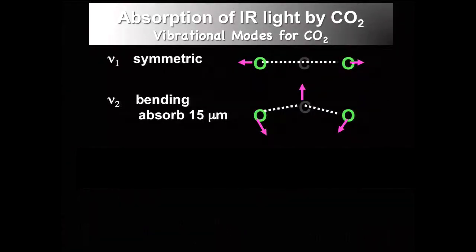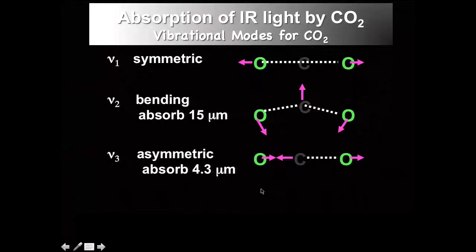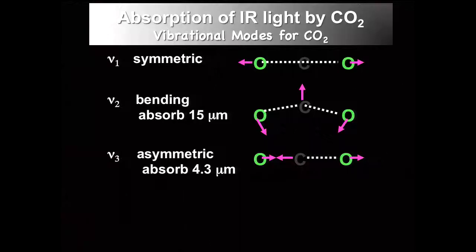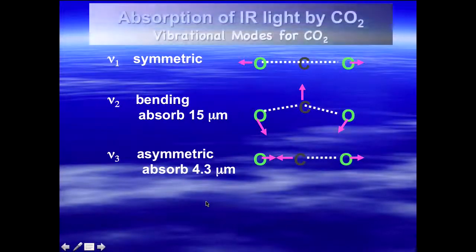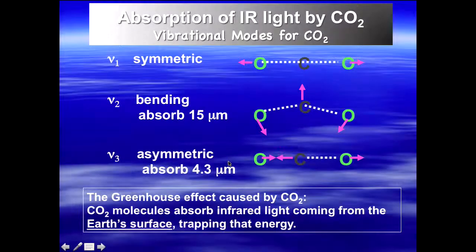That bending mode allows carbon dioxide molecules to absorb infrared light at different energies, i.e. different wavelengths of infrared light. A diversity of infrared light can be absorbed. And finally, there's yet another mode of vibration for carbon dioxide that's like this. Don't laugh, this is science. So carbon dioxide is quite versatile. It can absorb infrared light coming from the surface of the Earth in a wide variety of ways, and that turns out to be important. These different modes make quite a big difference.